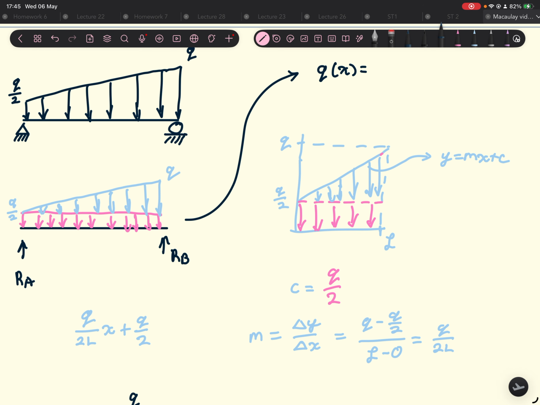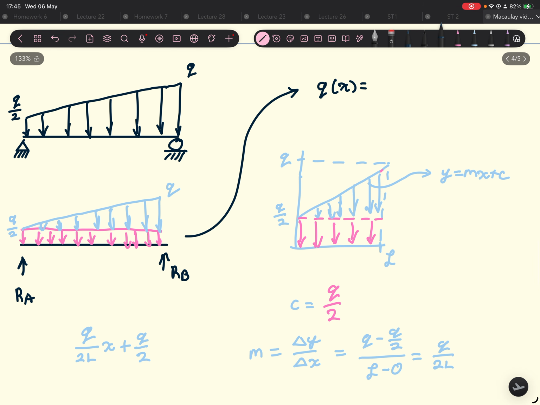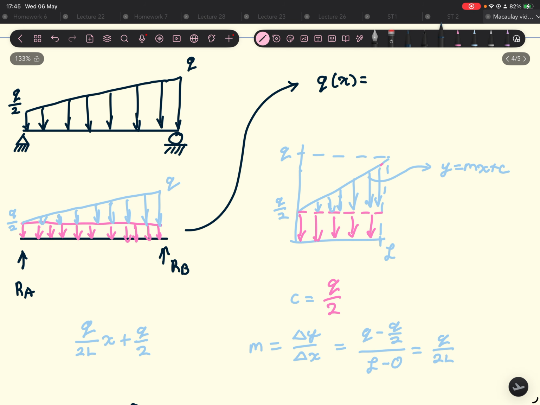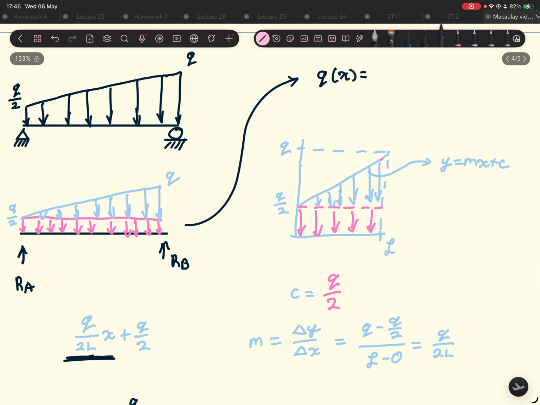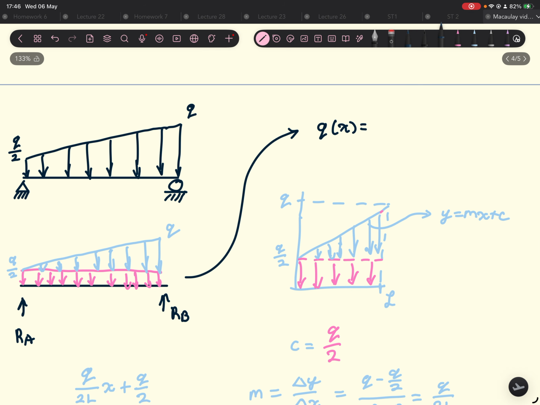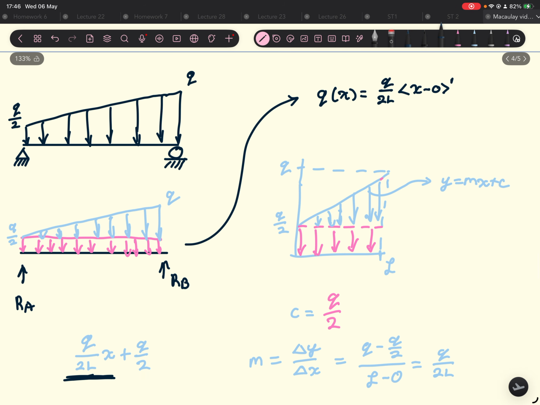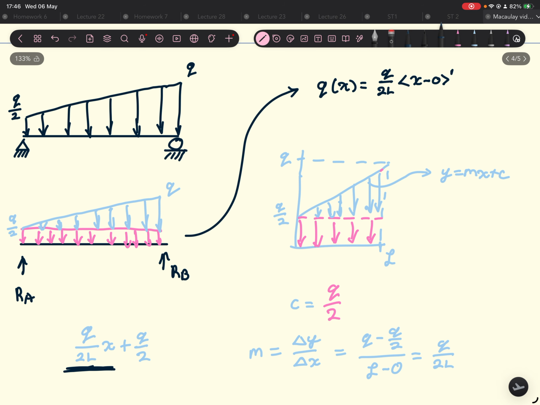So if you were to write it in Macaulay brackets, this portion over here has an x in it, right? And it starts at x equal to 0, right? So you'd have Q over 2L times x minus 0 to the power 1, the equation of a straight line.